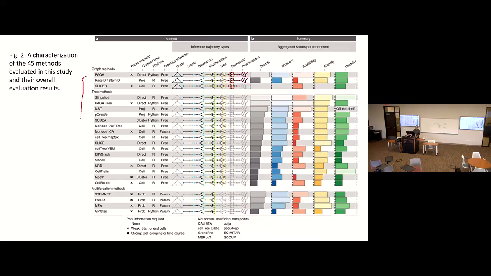You can see a large number of different methods. It has been systematically benchmarked to see which one is good in which situation, with overall scores for accuracy, scalability, stability, usability, et cetera.